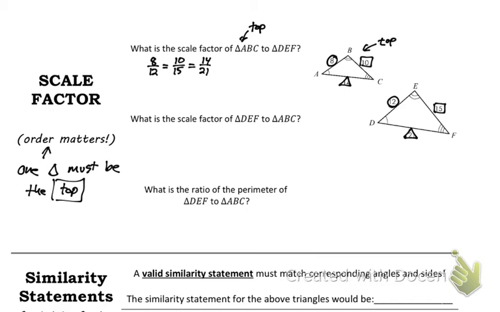What does 8 over 12 reduce to? 2 over 3. What does 10 over 15 reduce to? 2 over 3. What is 14 over 21? 2 over 3. So your scale factor is 2 over 3.